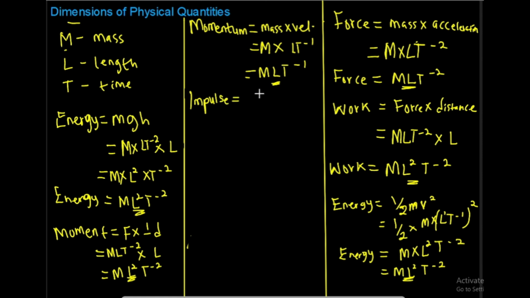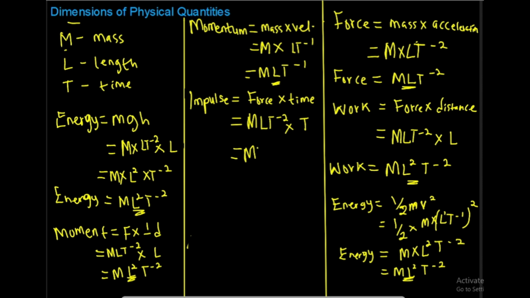Now we can also get the dimension for impulse. So first we bring up the formula for impulse. So impulse is equal to force times time. You just need to know as many equations as possible. So force, the dimension for force, we've calculated it here already: MLT^-2, multiplied by time, that's going to give us T. Now remember, no letter is permitted to appear more than once, so we'll simplify again.